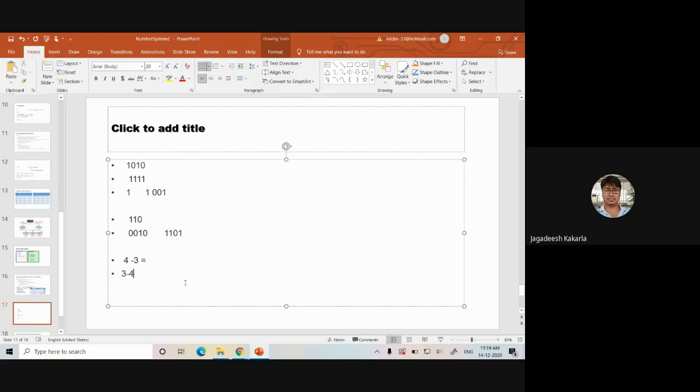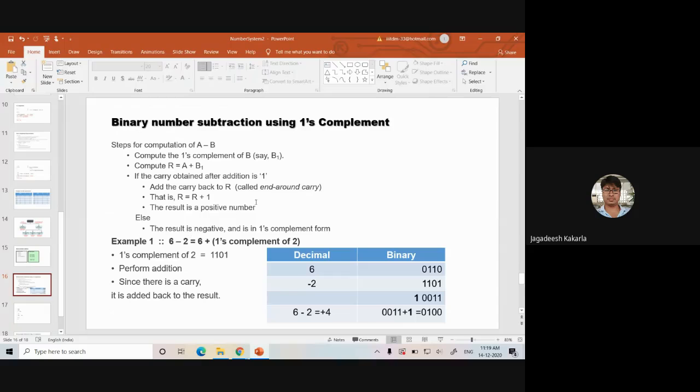Yeah. We will not get any carry. Now what I said, that's correct only. So you do not get the carry. So now whatever the result you got, what is the number you got? Can you tell me?